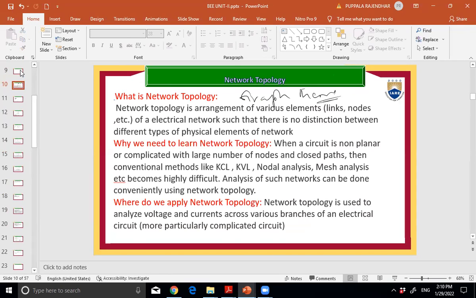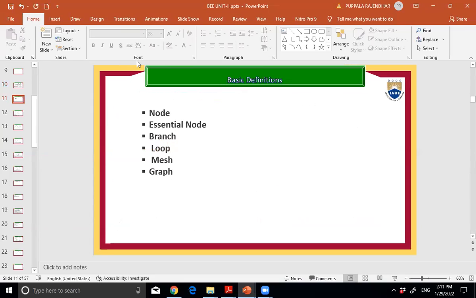What is a network topology? You can read the definitions here. It's an arrangement of various elements, like links, branches, nodes of any electrical network. And we have different frequently used terms here: node, essential node, branch, loop, mesh, and graph. We'll define them in the next slides.